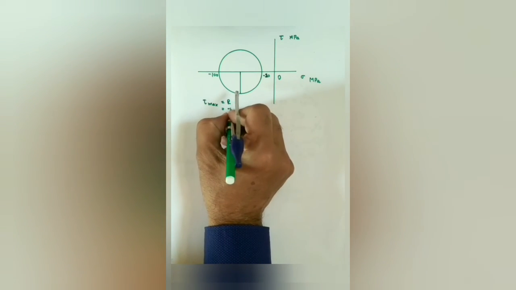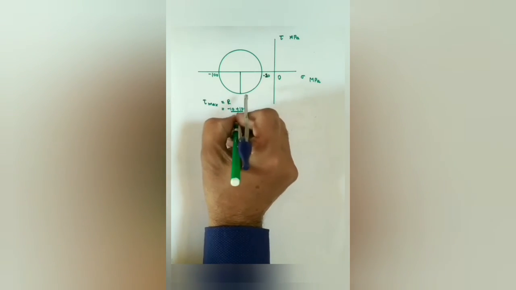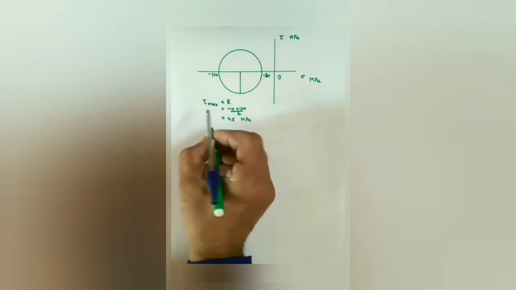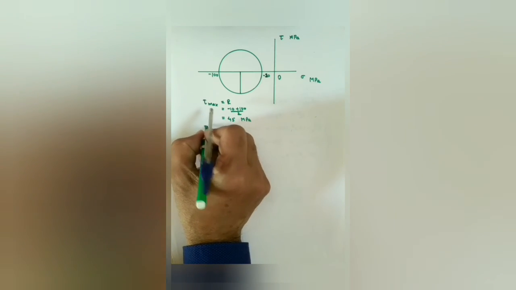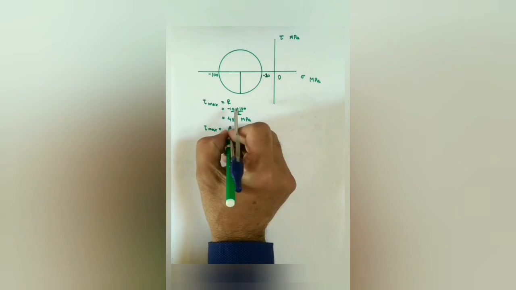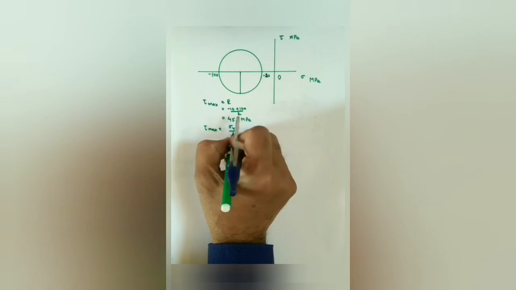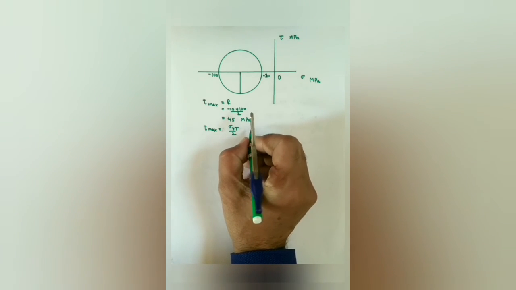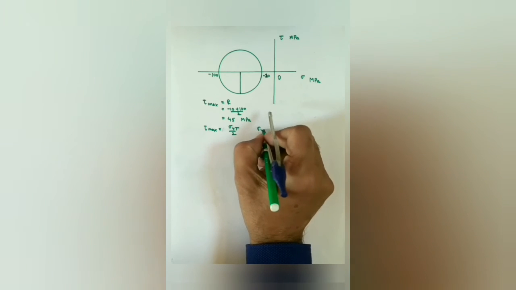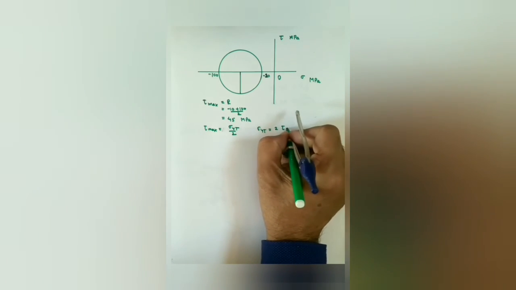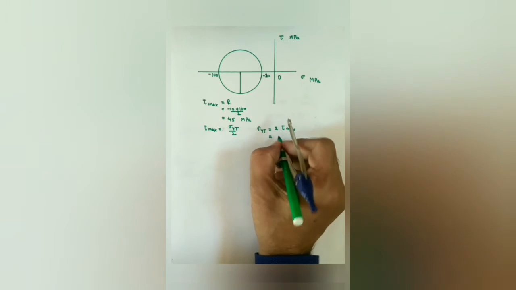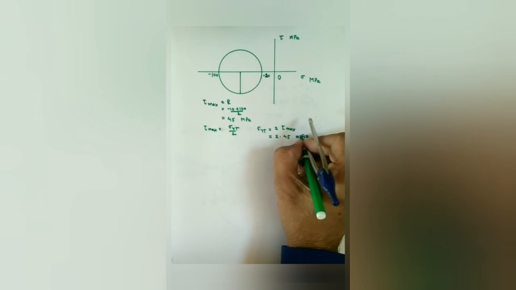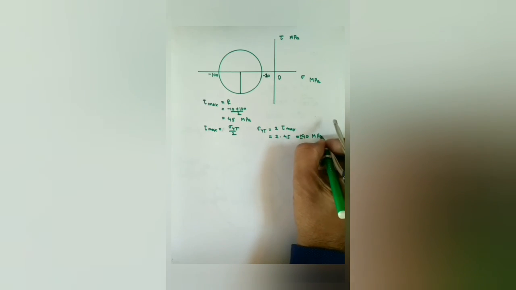So the radius is (minus 10 plus 100) by 2, which gives a value of 45 MPa. Now we also know that tau max is equal to sigma yt by 2, where sigma yt is the yield strength of the material. So if we take sigma yt equal to twice the tau max, the material will start yielding. So the answer is 2 into 45, which is 90 MPa.